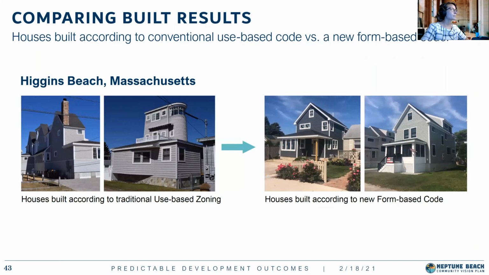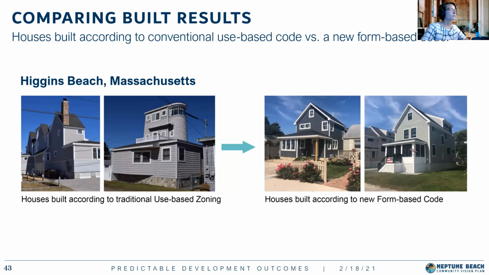Here are some other built results that you can compare. This is in Higgins Beach, Massachusetts. They applied a form-based code, and you can see some of the residential development that they got prior to the form-based code, and then some of the homes that were built after the form-based code.